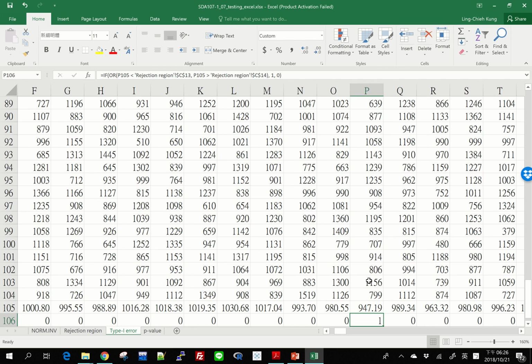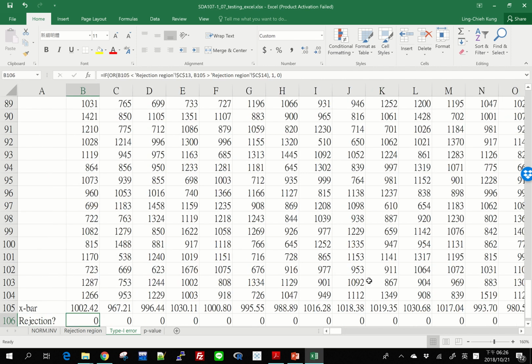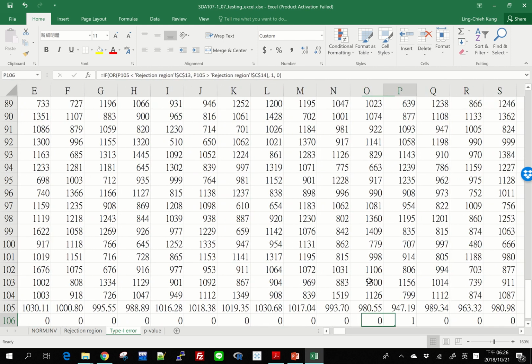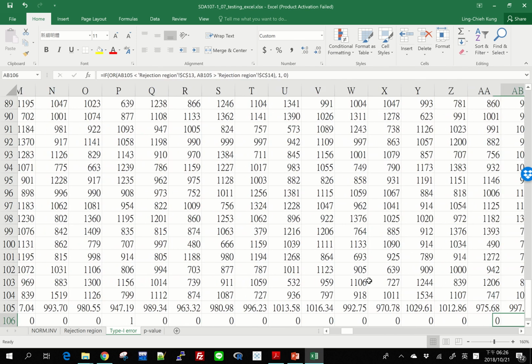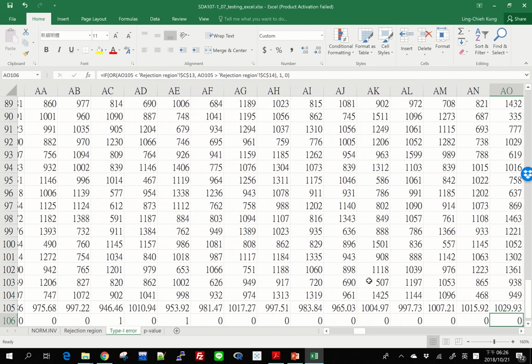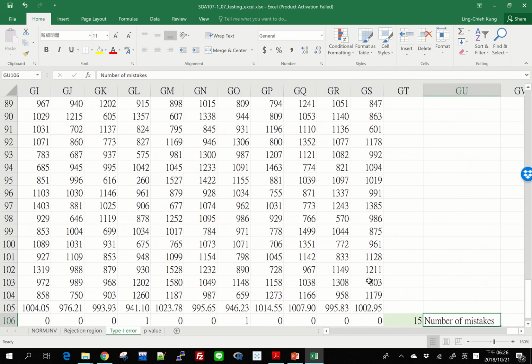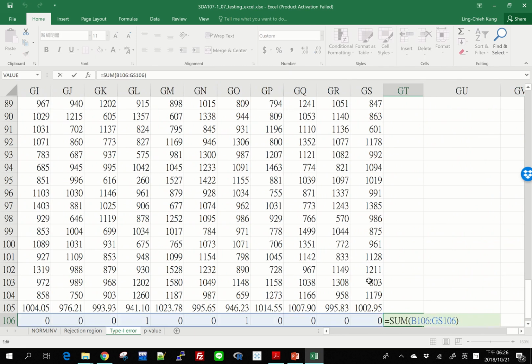Okay? We want to use those 200 experiments to see whether the probability for us to make type 1 error is under control. So roughly we can see a lot of zeros, so we're not making mistakes a lot, and sometimes we get 1, but most of the time we are getting 0, right? So basically what we want to do is, why don't we just sum them?